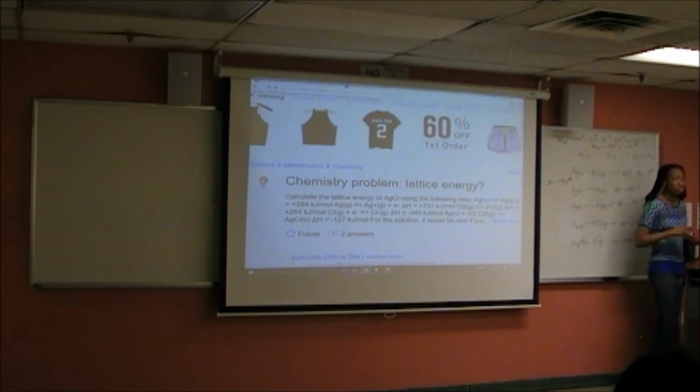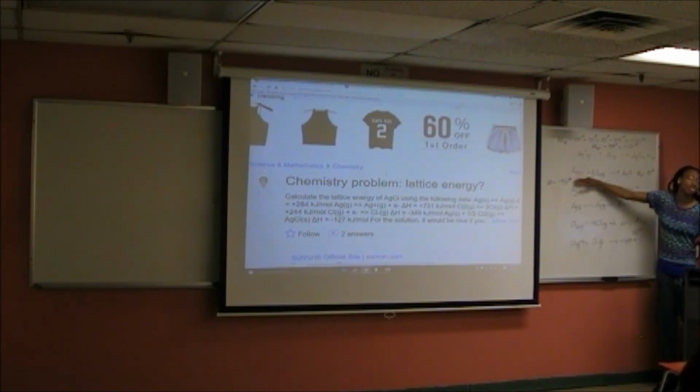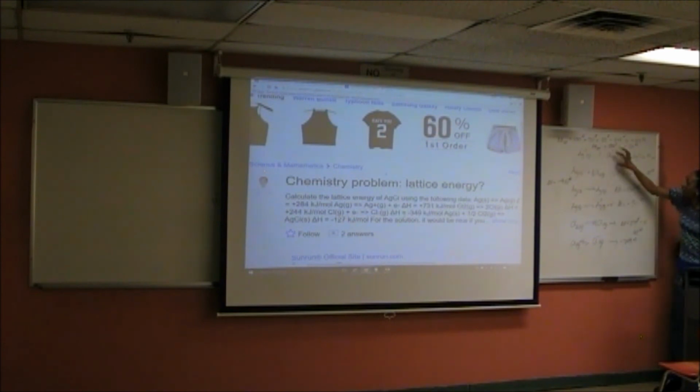How did you know that everything was equal to negative 127? Because this is your silver chloride equation. This is the equation for the formation of silver chloride. All of these little steps are what's needed in order to make this equation happen. So therefore, everything here must equal this.